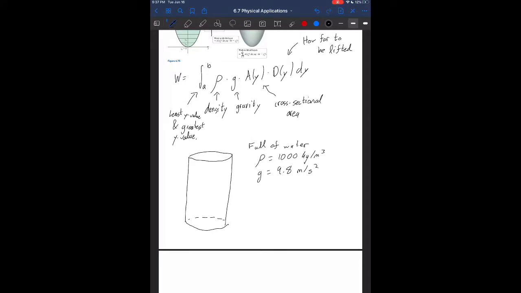We know some more things about this tank, right? We need a height and we need a radius. So we know that the radius is going to be 5 meters. And we know that the height of this is going to be 15. H equals 15 meters.